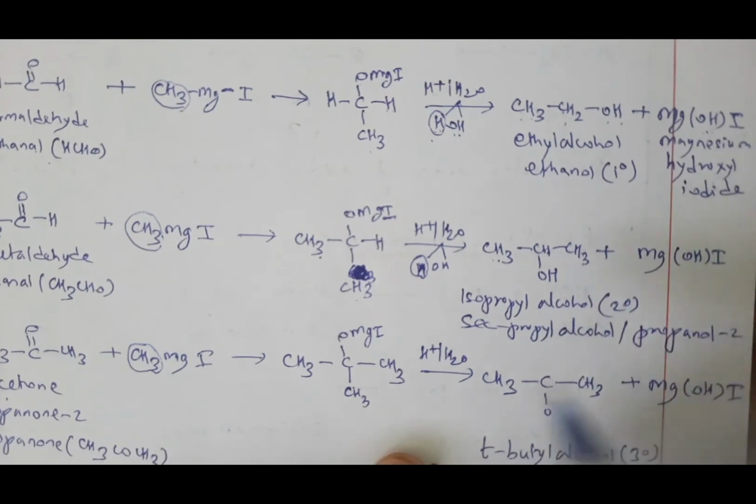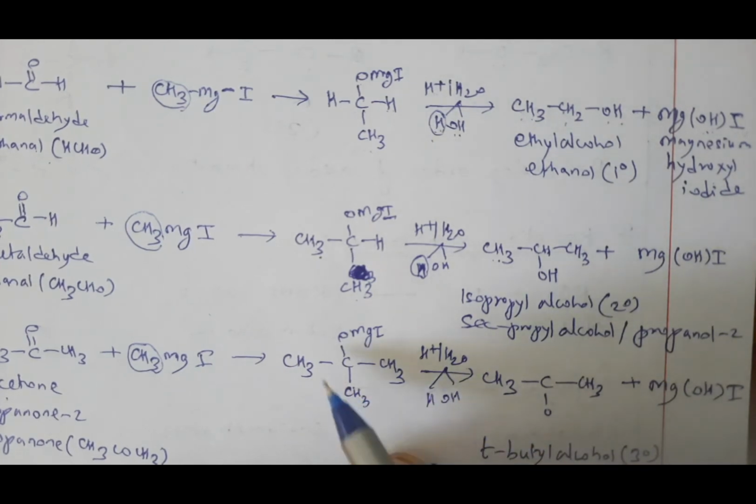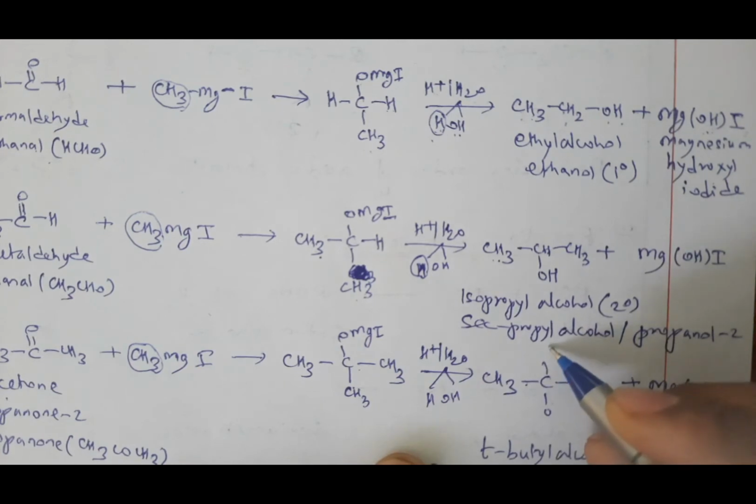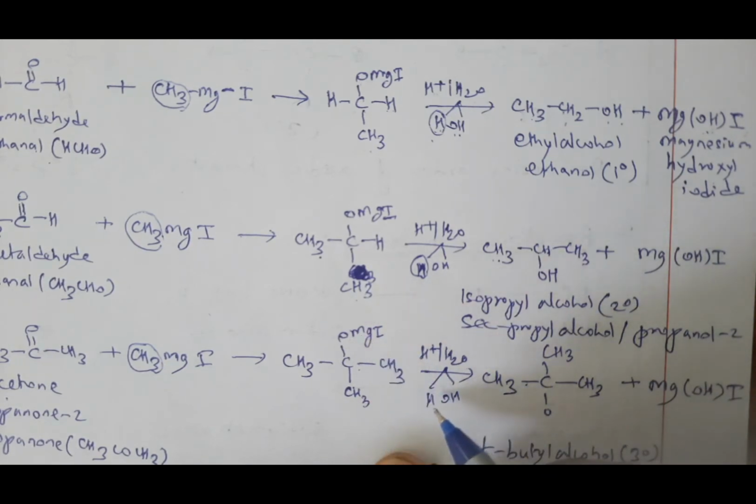Now the third one. Here also when you do acid hydrolysis, who will take part? Water will take part. Water can be written as HOH. So this CH3 is here, C is here, this CH3 is here. Now I'll take this CH3 up. You can keep it down also, no issue. And this OMgI I'll take down, in which I have written only O. Now in place of this MgI, what will go?